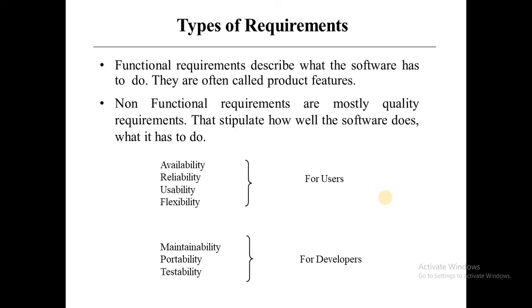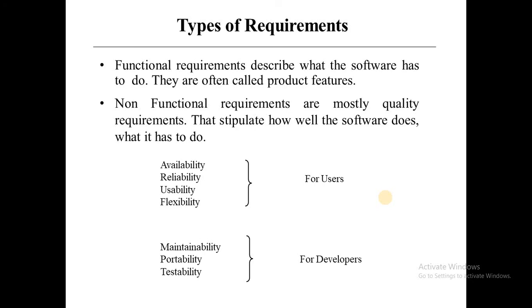In the context of developers, maintainability: the software product should be easy to maintain, easy to manage for developers. If a developer wants to add new features later, the software system should allow it. It should have a maintainability feature. Portability means changing the platform, and platform means operating system.